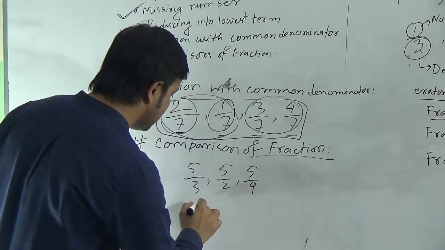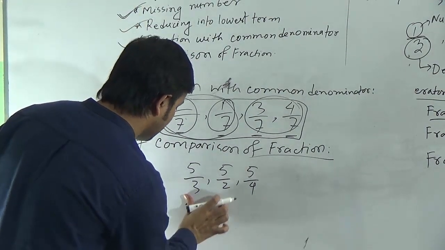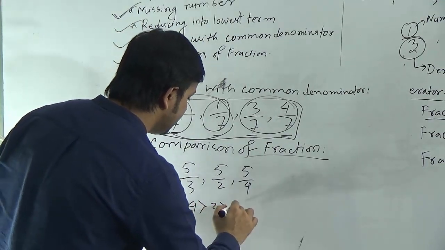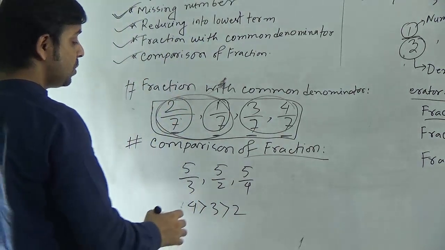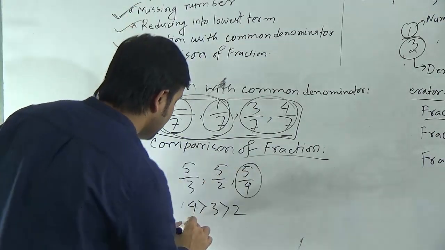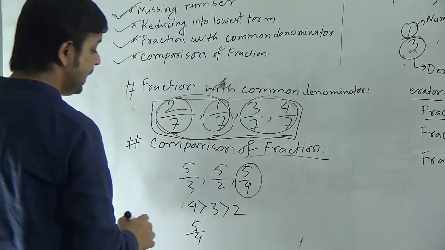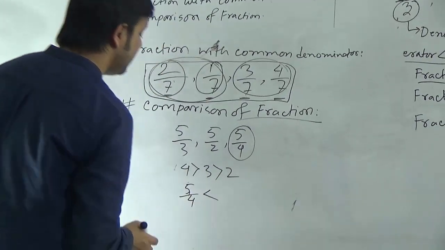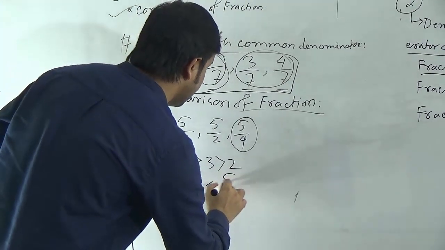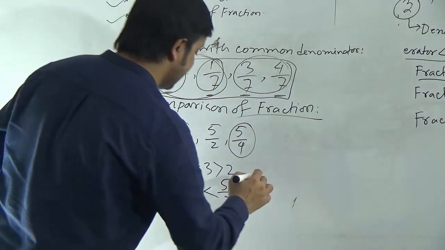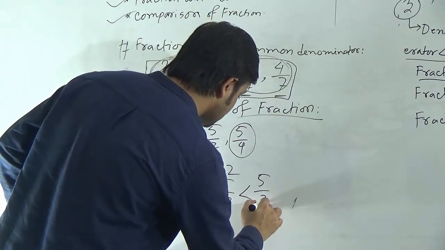Here 4 is larger than 3, and 3 is larger than 2. So the fraction 5 by 4 will be smaller than 5 by 3, and 5 by 3 will be smaller than 5 by 2.